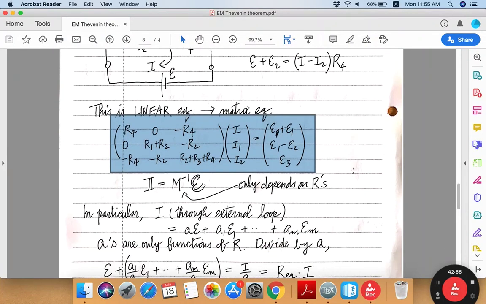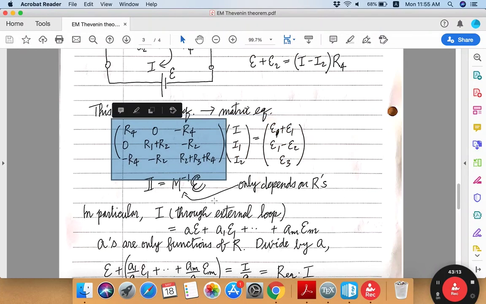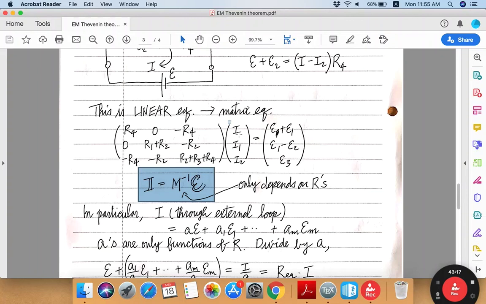Okay, and therefore by taking the inverse of this matrix, then you can express this current vector in terms of some inverse resistance matrix multiplying the EMF vector.